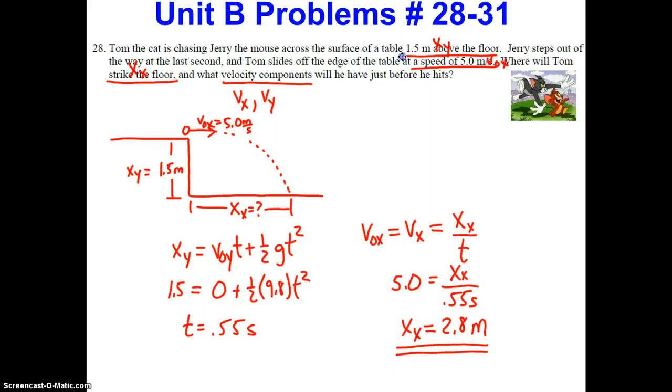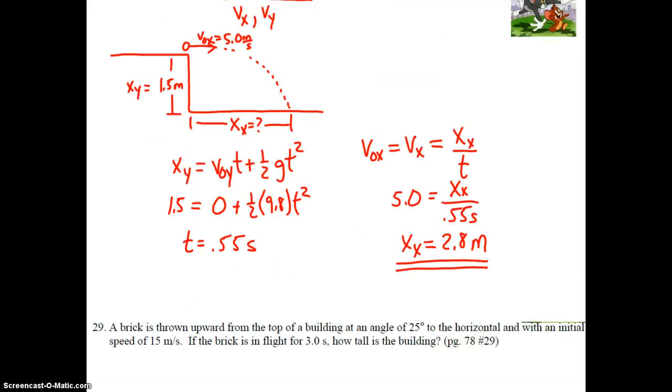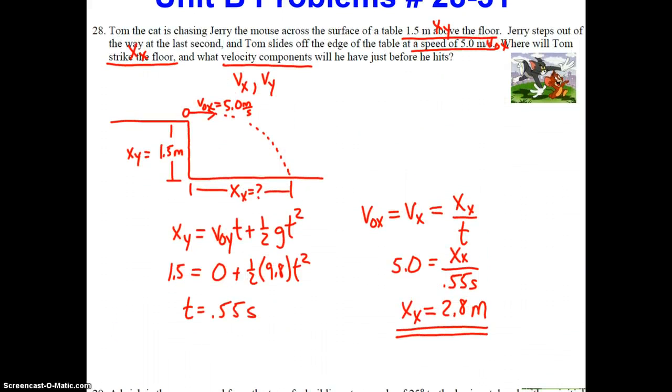Okay, now the velocity components. Let's continue, let's do it over here to the right in blue. So if this vector represents the final velocity at impact, and we expand it out over here, what they're asking for is to find the Vy value and the Vx value at impact.